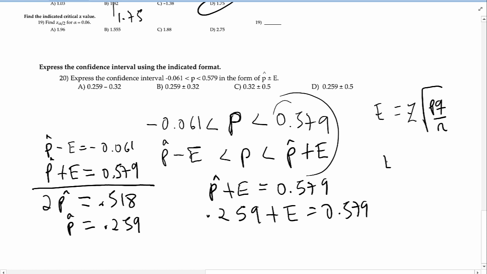So let's subtract that quantity from both sides, and we get that the value of e is 0.579 minus 0.259.